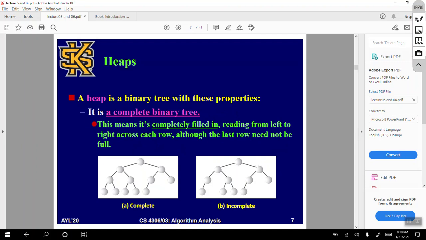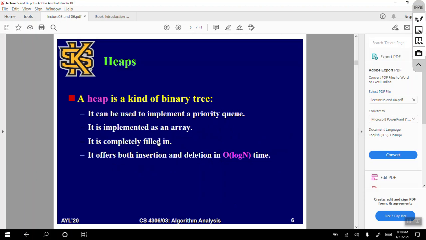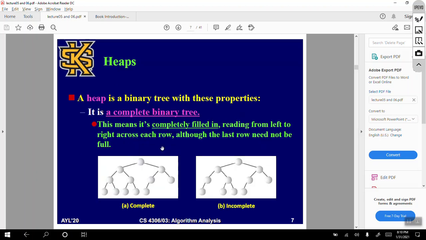In order to understand a heap, we said that it is a complete binary tree. A binary tree, as you know, has only two children, a left child and a right child, right? So this one is a complete binary tree, but the second one on the right side is not.